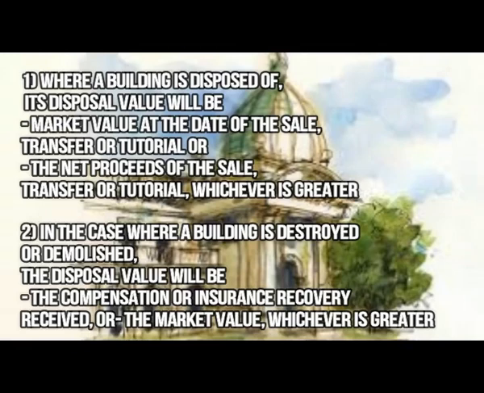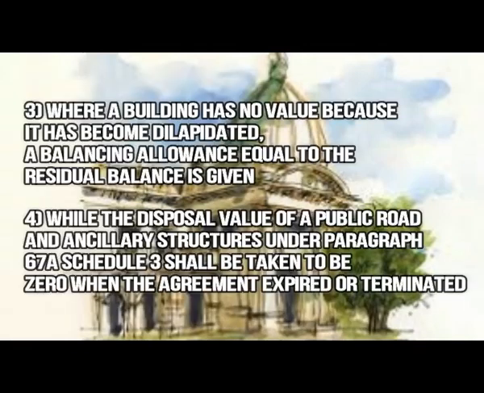Second, these are categories under industrial building which are mentioned in paragraph 63, Schedule 3, ITA 1967 on page 227.